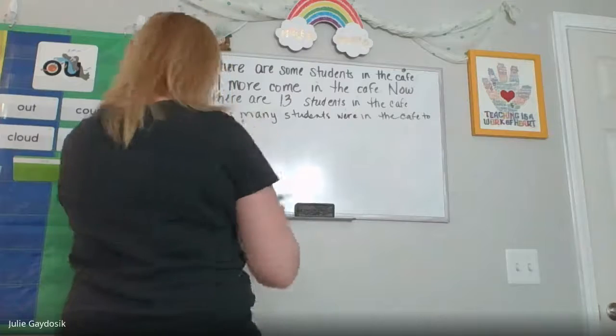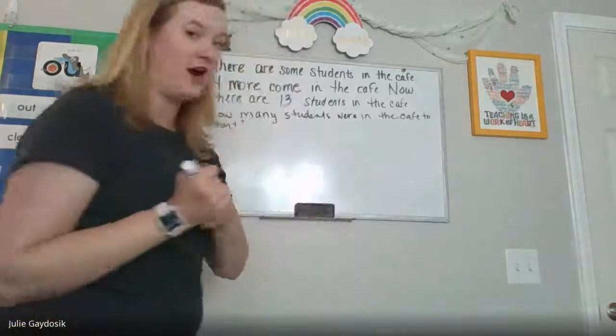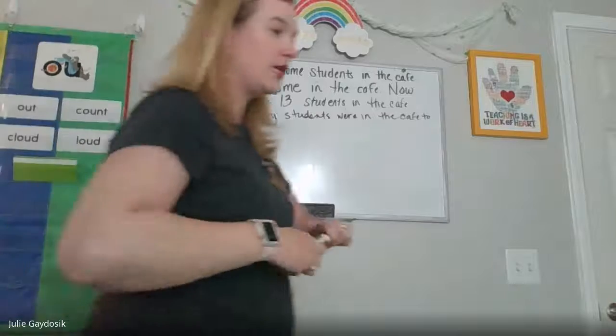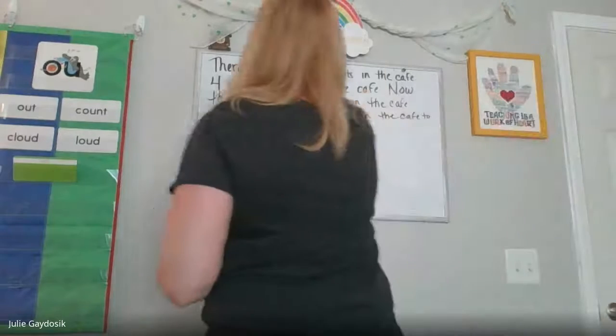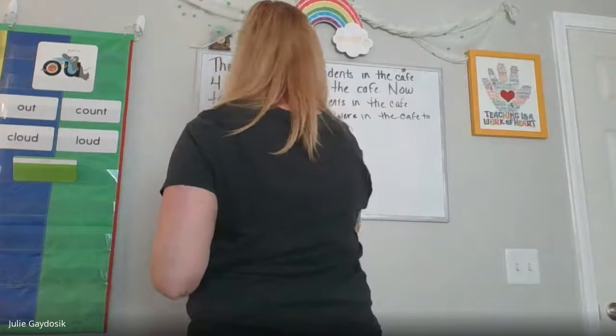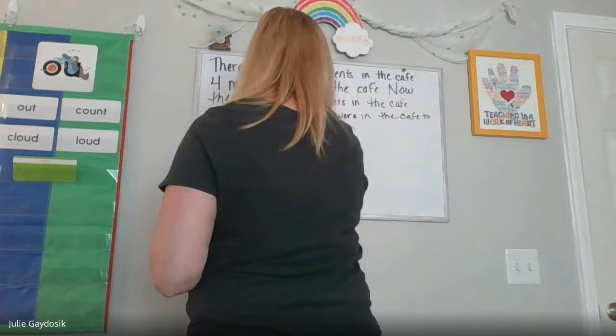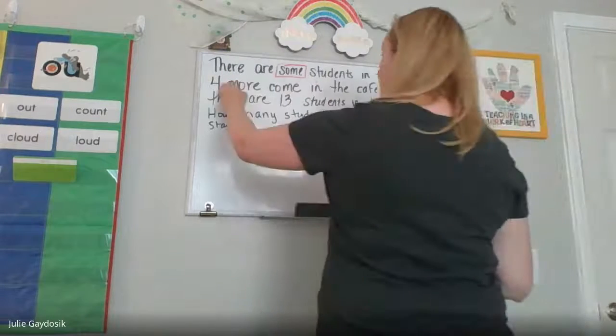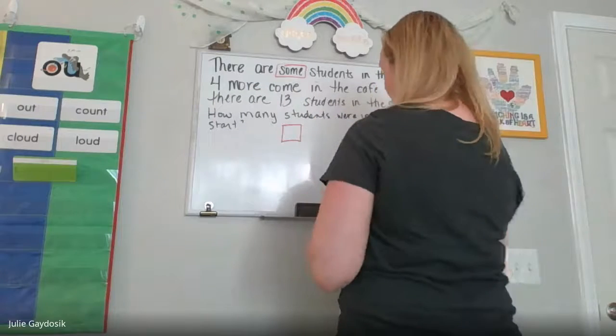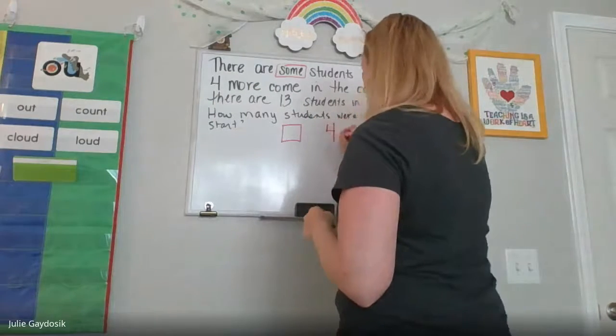Okay, so it wants to know how many that were there at the beginning. So that is going to be, this is going to be our sum. There are some. Do we know how many? No. There are some. Okay. 4 more come in the cafe. 4.